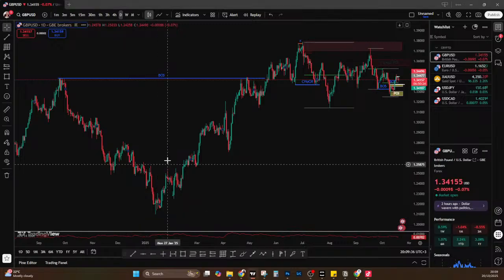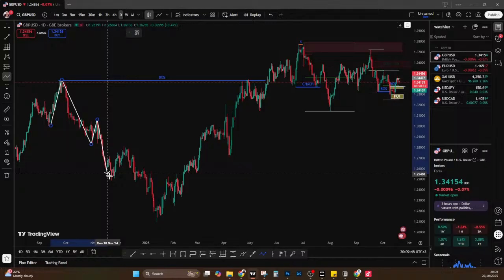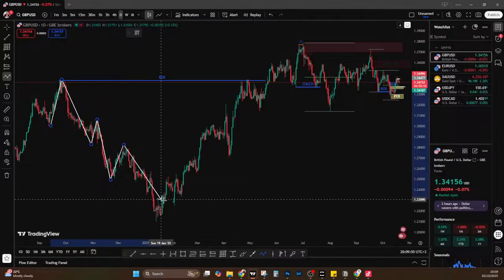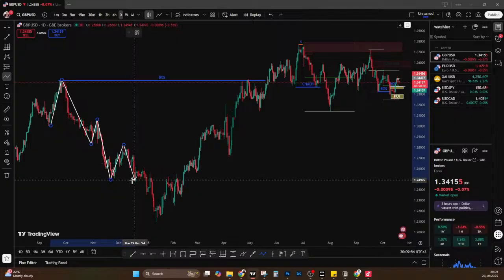So we were down first on a downtrend. You can look at this. We are making a series of lower lows and lower highs.